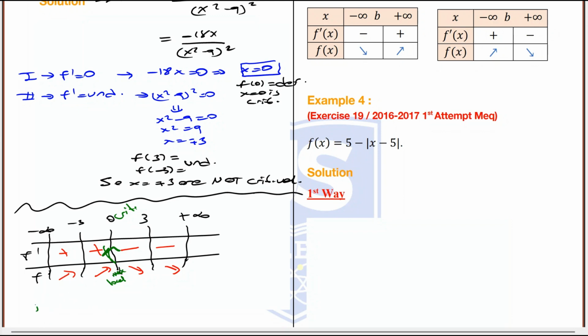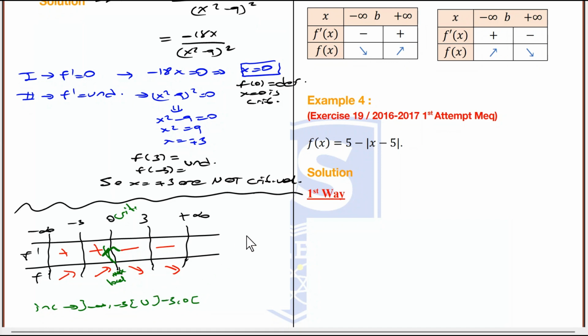And about the increasing and decreasing intervals, from negative infinity till negative 3, union negative 3 to 0. A question may come into your minds. Since we have two increasing regions, can't we combine them and say it's from negative infinity to 0 instead of using a union? Can we do that?